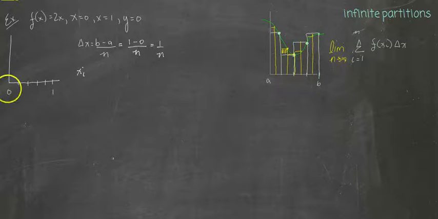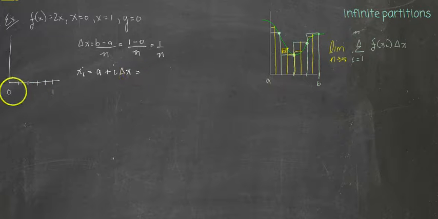iteration. So from a to the first one, x sub i, my random x value, is whatever a is plus however many times I've incremented forward on the x-axis, i times delta x. So my change in x is 1/5, and if I go to the third one, then 3/5 would be my x ordinate.